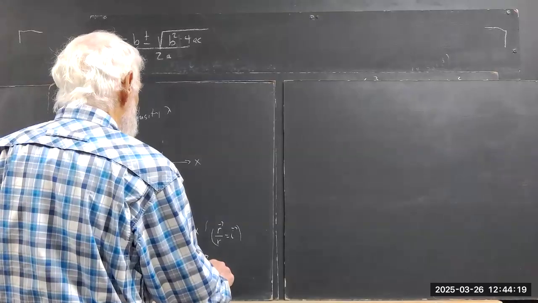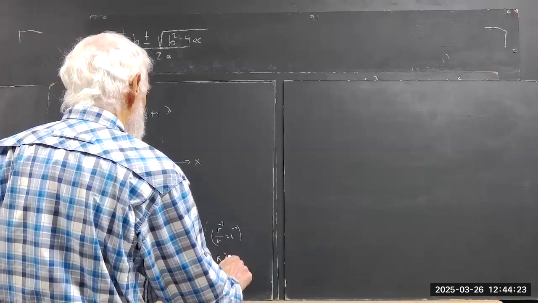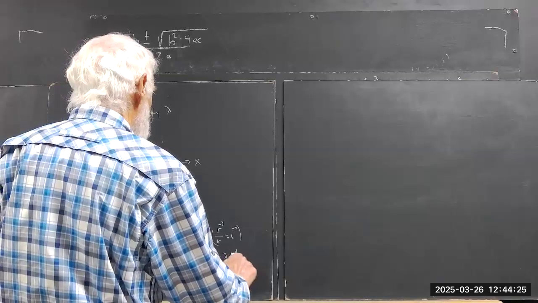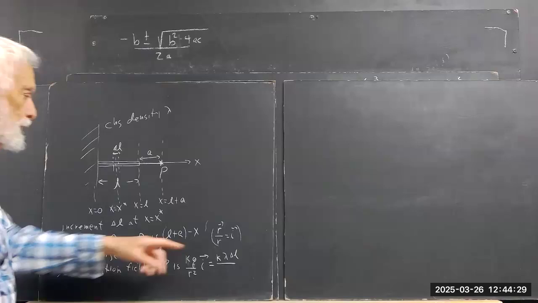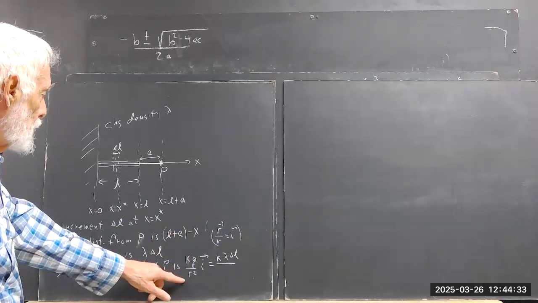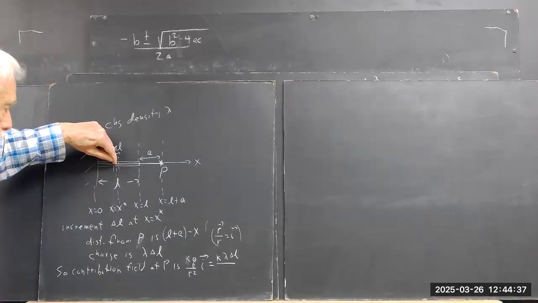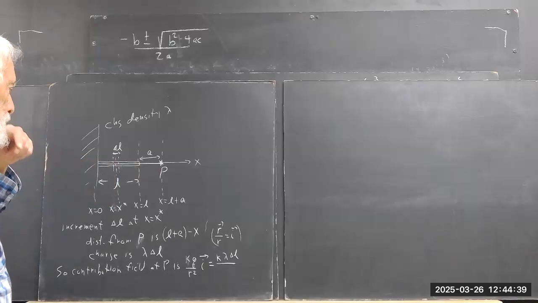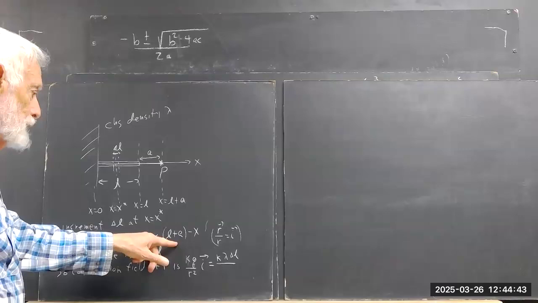Now, what's Q? It's lambda delta L. What's R? It's the distance from the increment to the point P, which is going to be this distance.